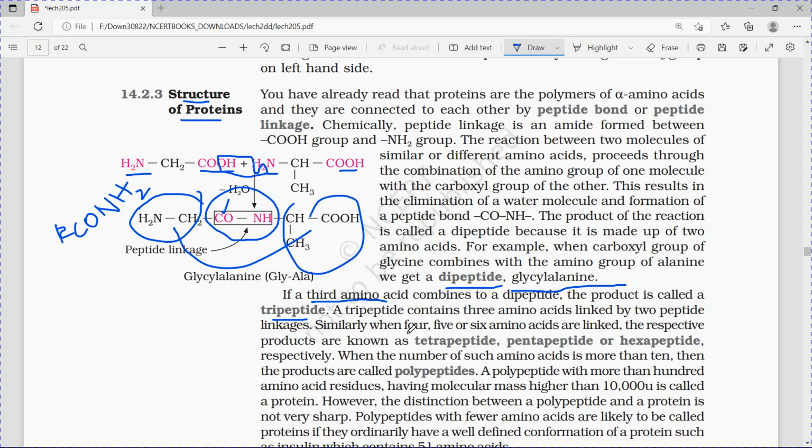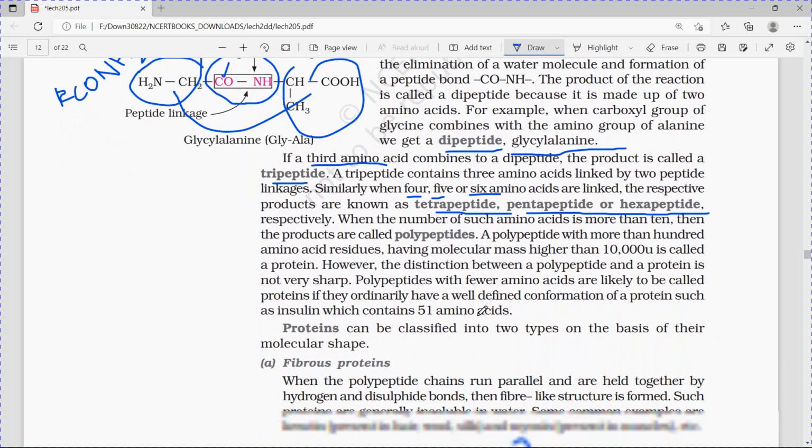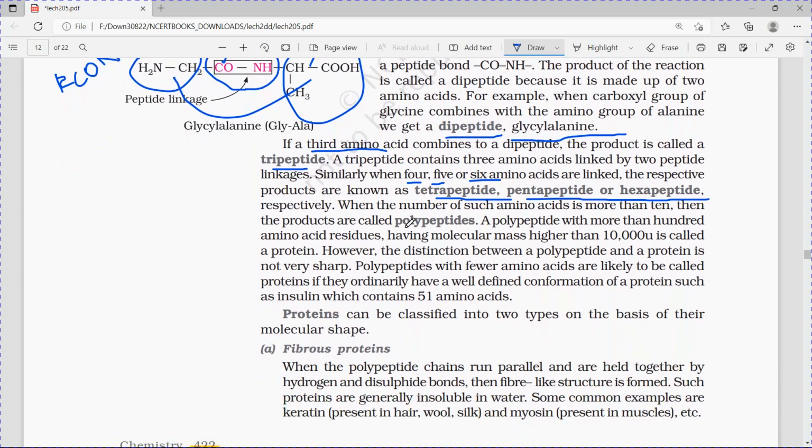Similarly, when four, five, or six amino acids are there, it is called tetra, penta, or hexapeptide. So based on the number of amino acids, we can give the name of that peptide. Clear? If more amino acids are joined, it is called a polypeptide, right?